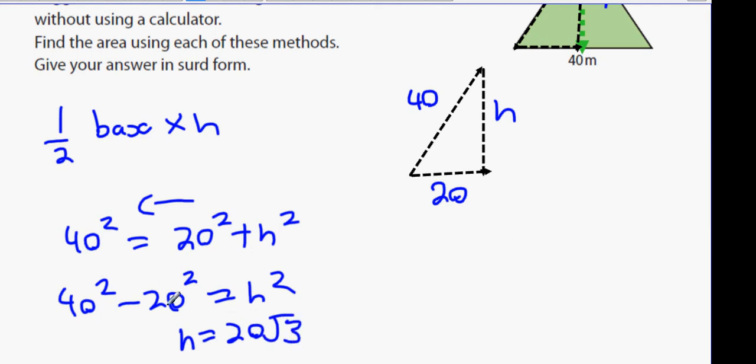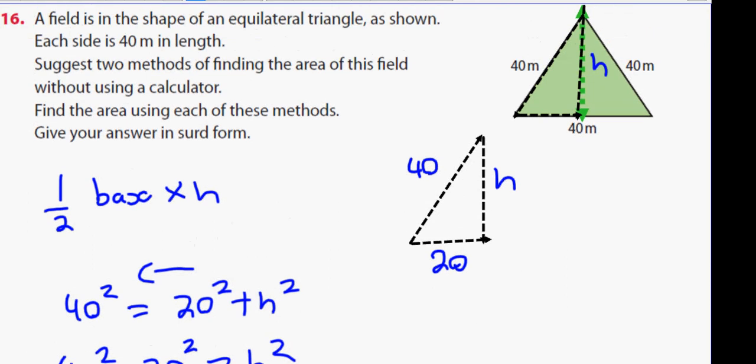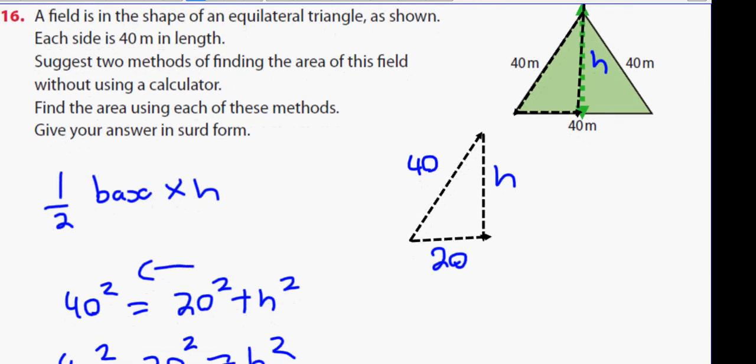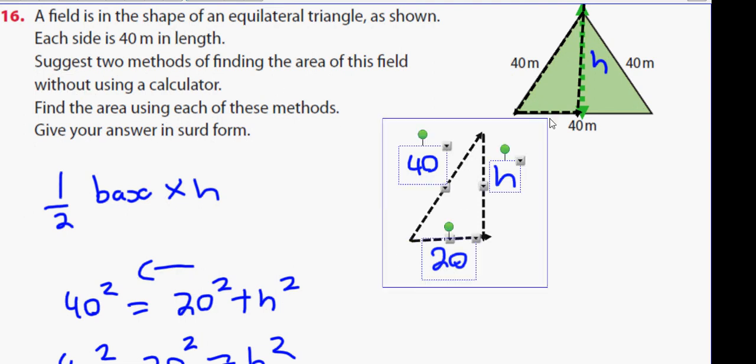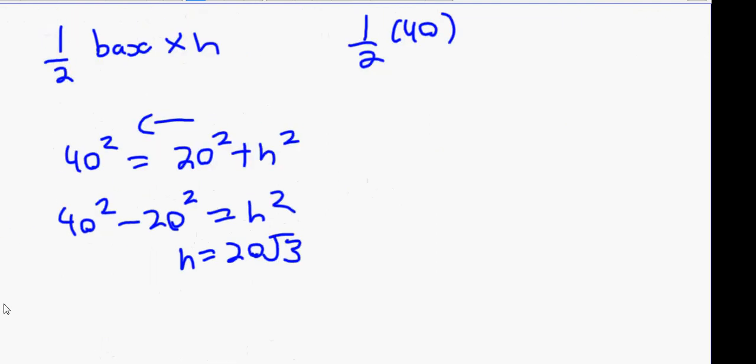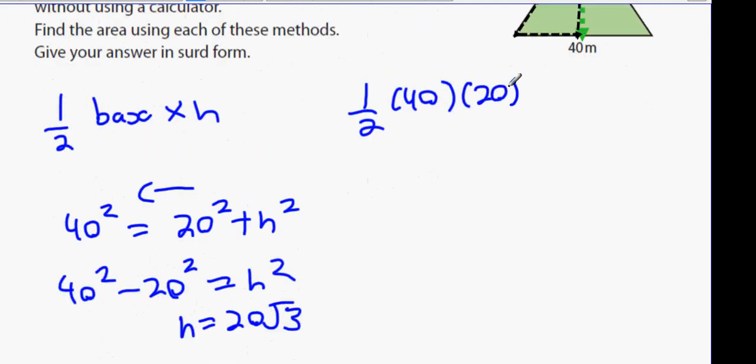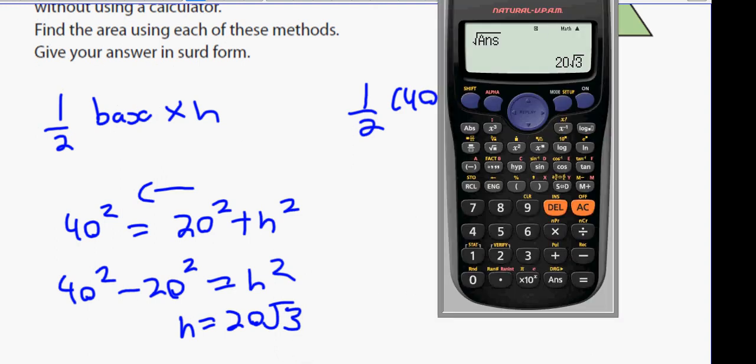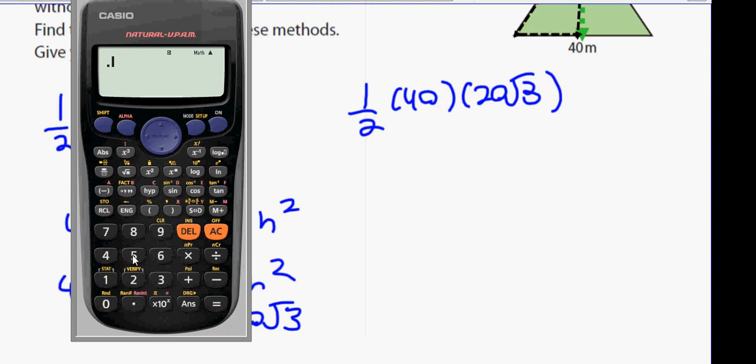Now guys, what is the area of this then? Half base by height. So the base is 40, and what's the height? The height is 20 root 3. And what do we get? In the calculator, 0.5 multiplied by 40 multiplied by 20 root 3.